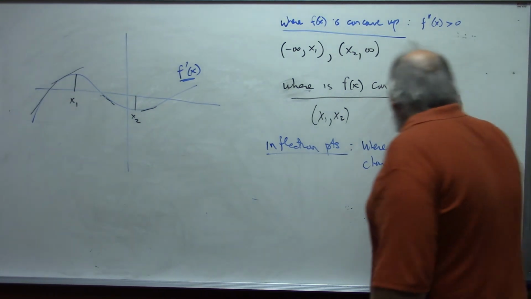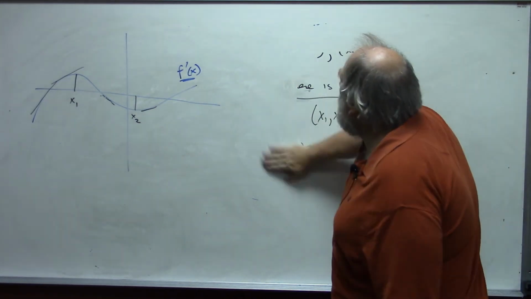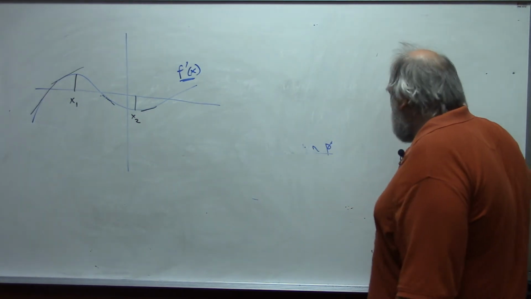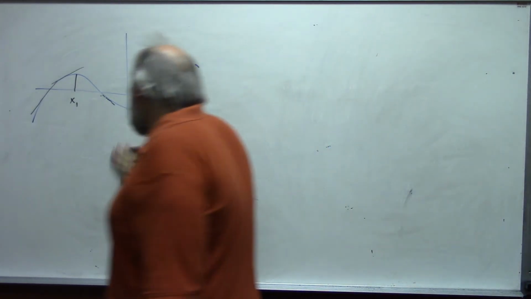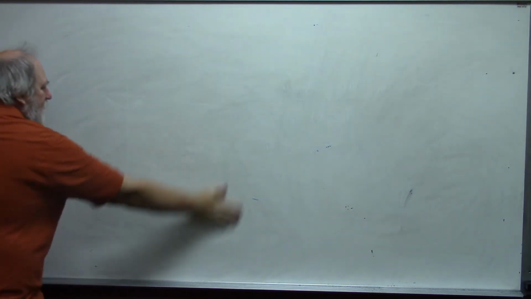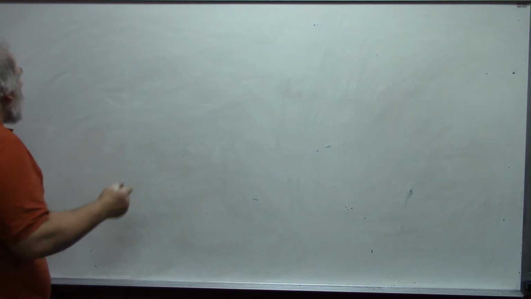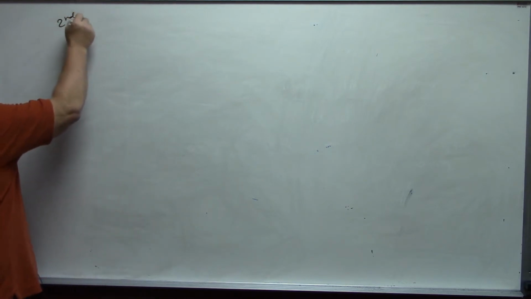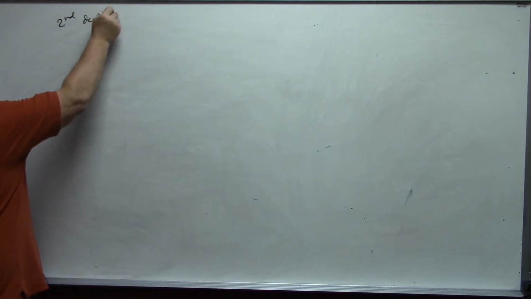Okay, let's look at some examples of functions and use what is called the second derivative test, what I kind of outlined, to determine relative max and relative min. I will write the second derivative test out first.